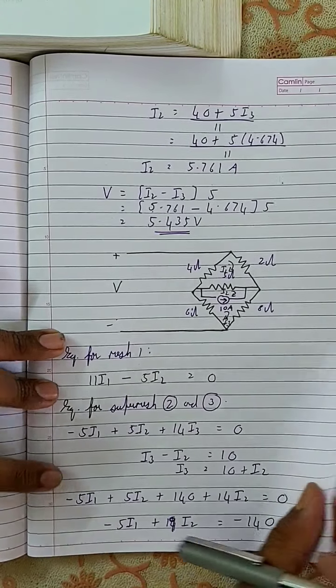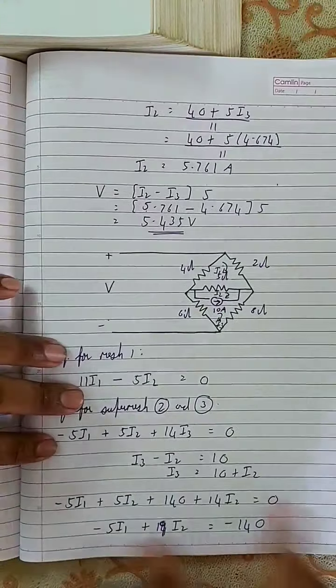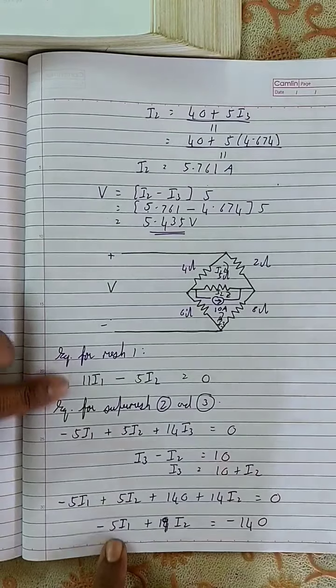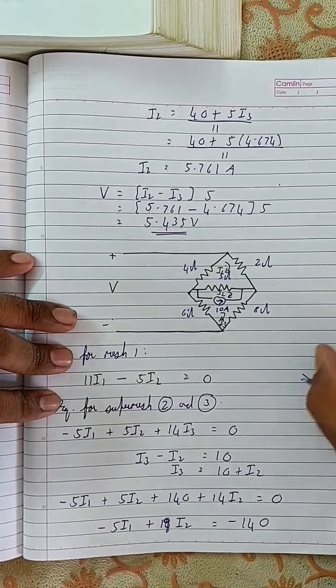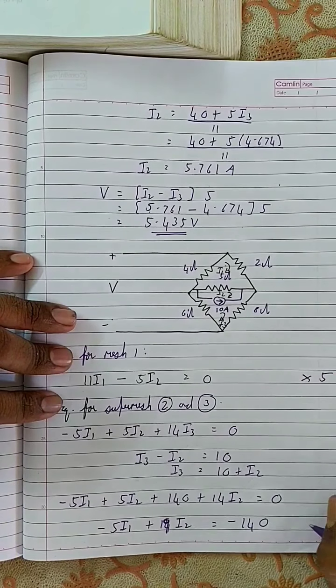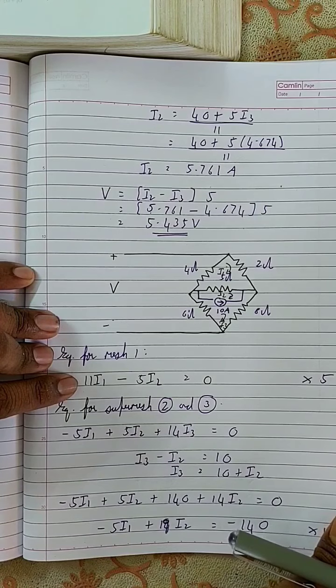Solving I1 and I2: 11I1 minus 5I2 is equal to 0, and here is minus 5I1 plus 19I2 equal to minus 140. I will multiply the first with 5 and the second with 11. Multiplying with 5, I get 55I1 minus 25I2 is equal to 0.